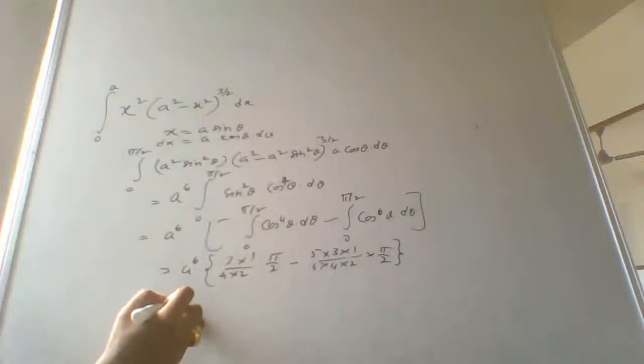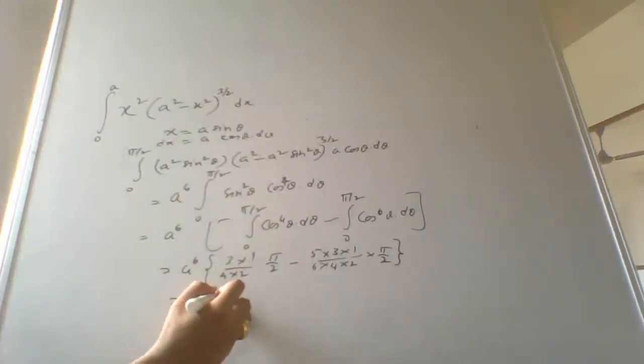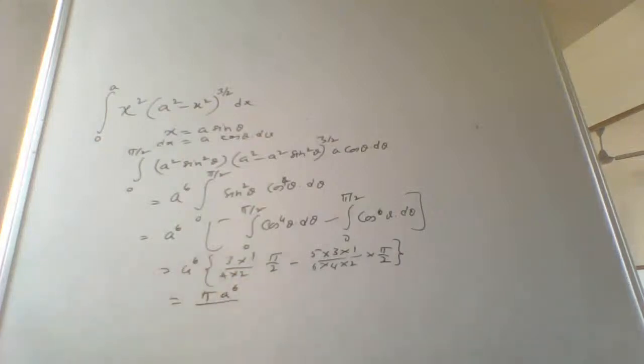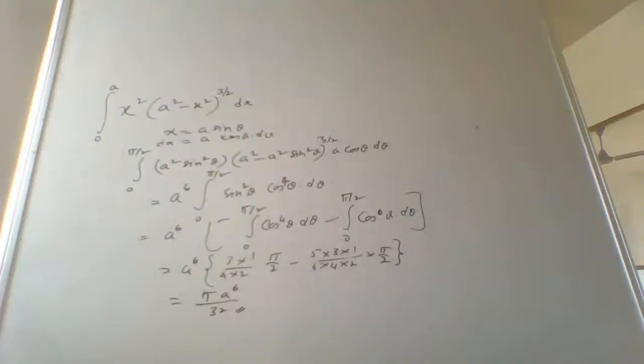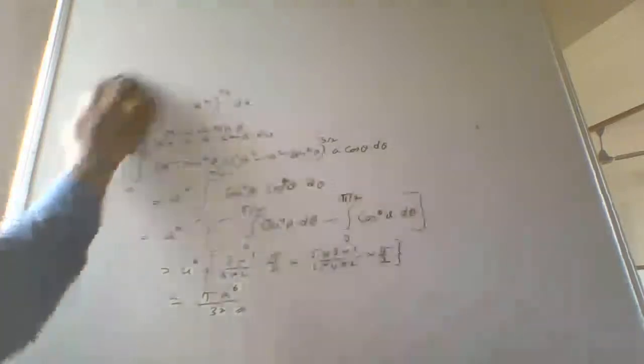Now, if I try to further simplify this, I get pi a power 6 divided by 32. This is the final result. I hope you understood this one. Let me take one more problem and try to solve that.